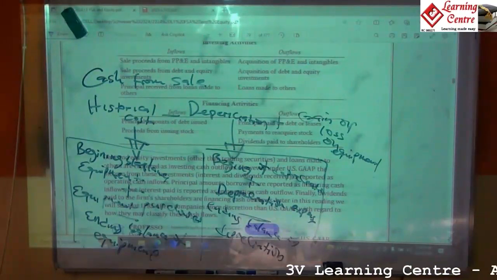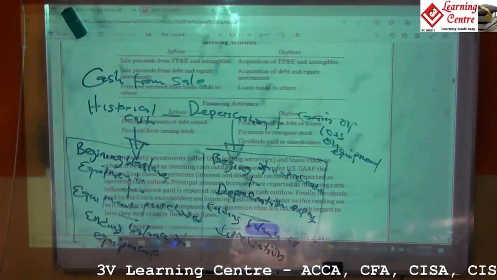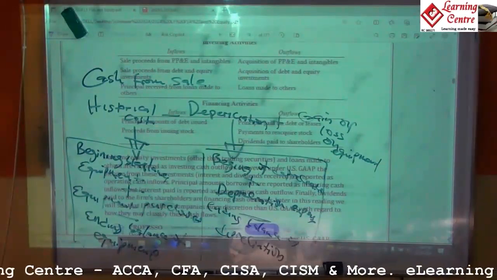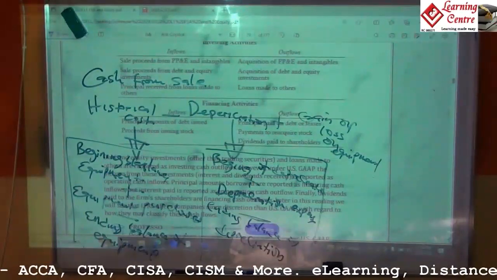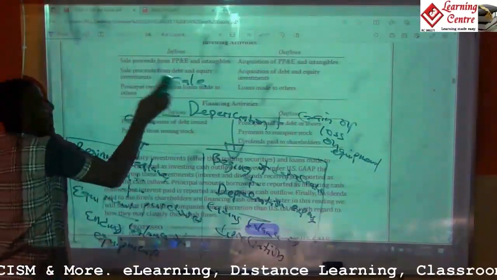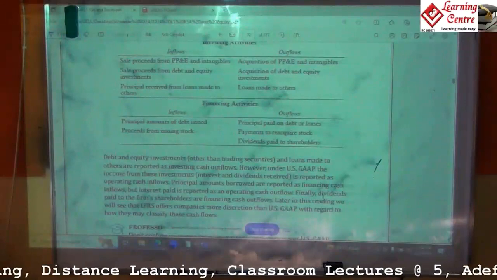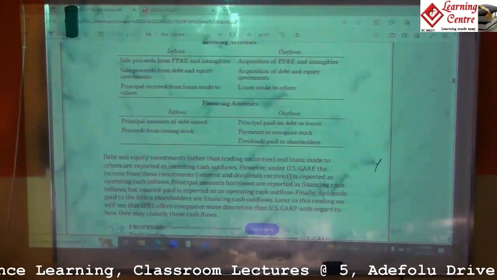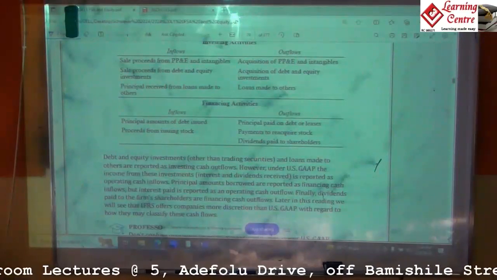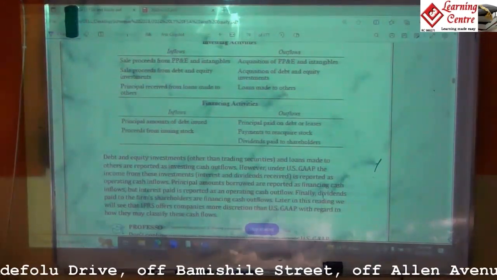So let's write: A Limited shows the machinery and accumulated depreciation balance for 2021 and 2022. Are we writing? Are we together?